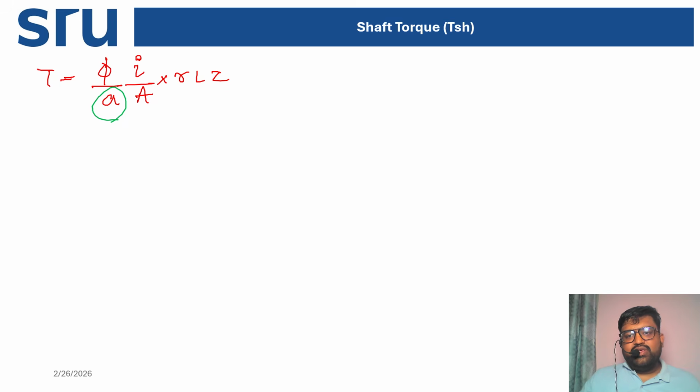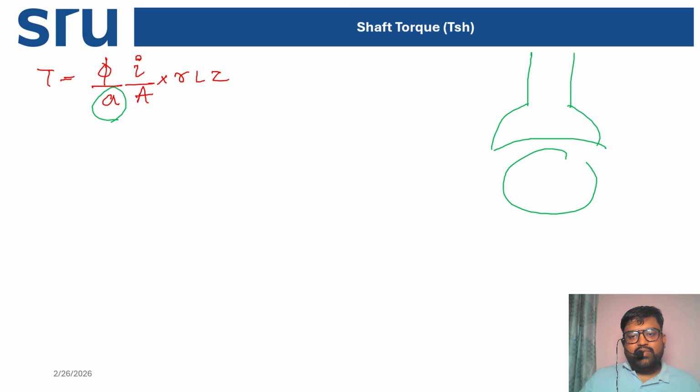Now the point is, suppose there is a pole, and the armature will be like this. And I told that the armature has a radius. Now you see what area we are putting here.